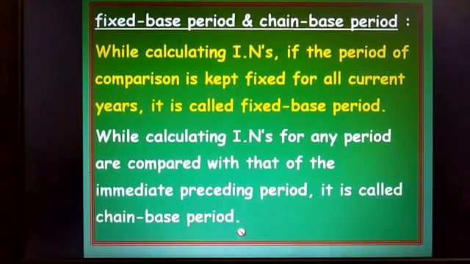For example, 2000, 2005 and 2010. When index number for 2005 is calculated, the preceding year 2000 is considered the base period. When calculating the index number for 2010, the preceding one, 2005, is considered the base period. That system will be referred to as chain base period.